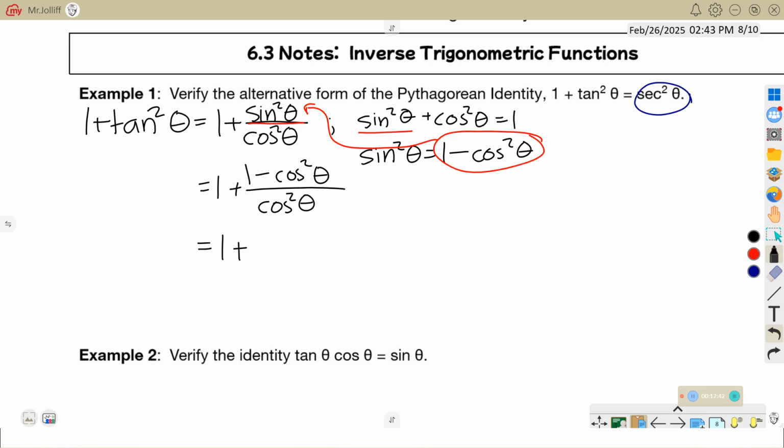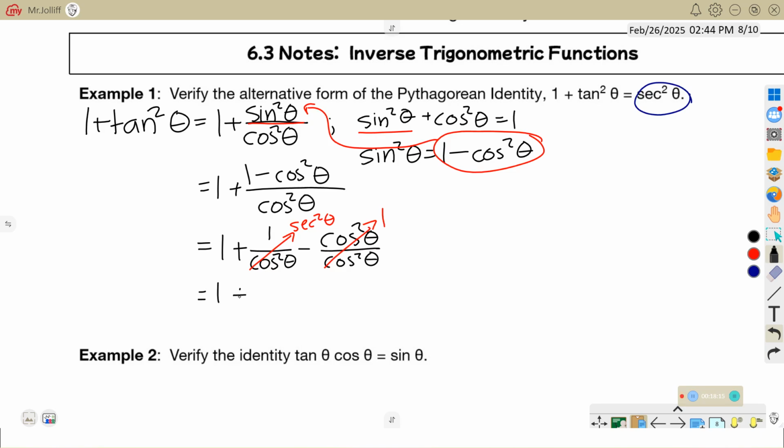1 plus, and then 2 fractions. 1 over cos squared minus cos squared over cos squared. That becomes a 1. 1 over cos squared is secant squared, which makes this pretty.